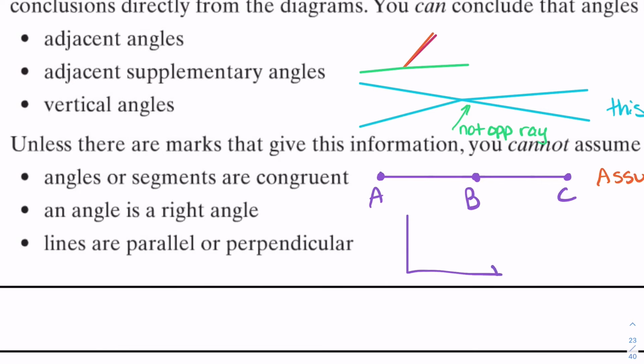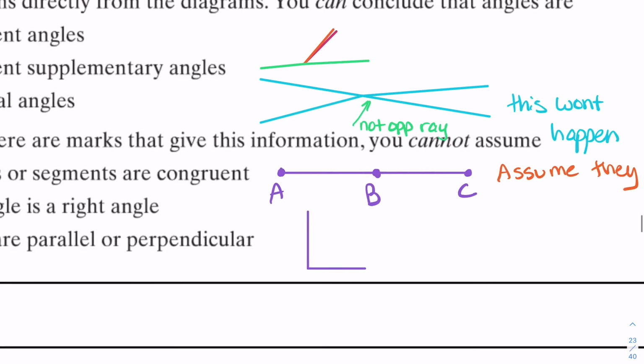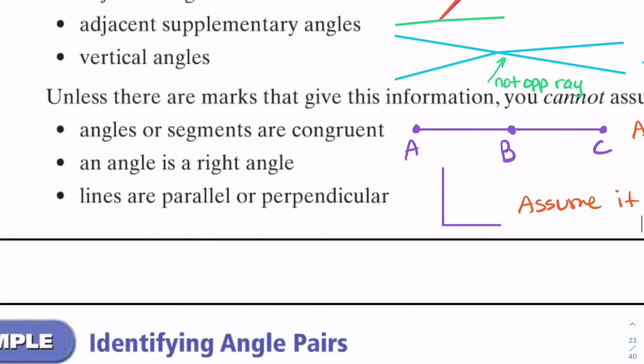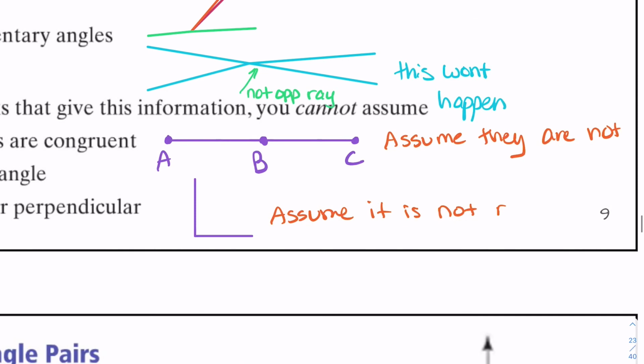We cannot assume that this is a right angle. It might be, but we're going to assume it is not right. We just can't assume that it is.